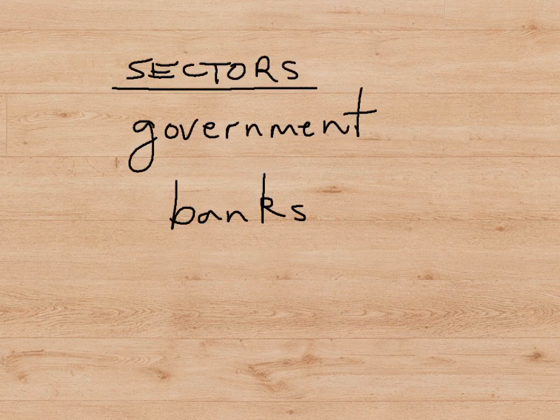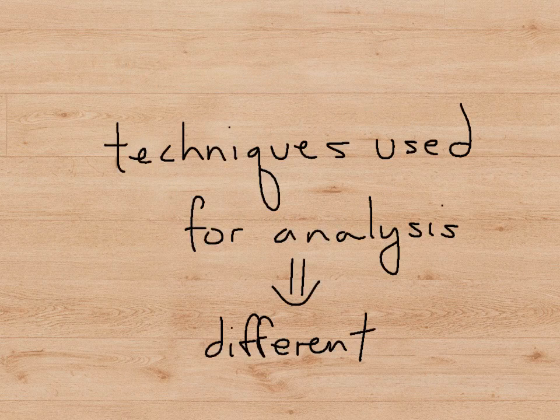Also, when we look at the whole economy, we find that there are sectors such as the government and banks which are not really present in microeconomics when we look at the behavior of an individual market. Also, the techniques used for analyzing the whole economy are very different from the techniques used in microeconomics.